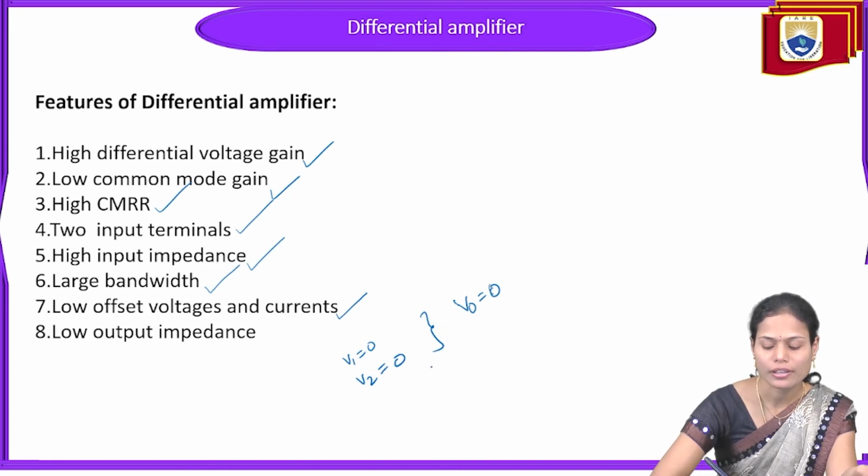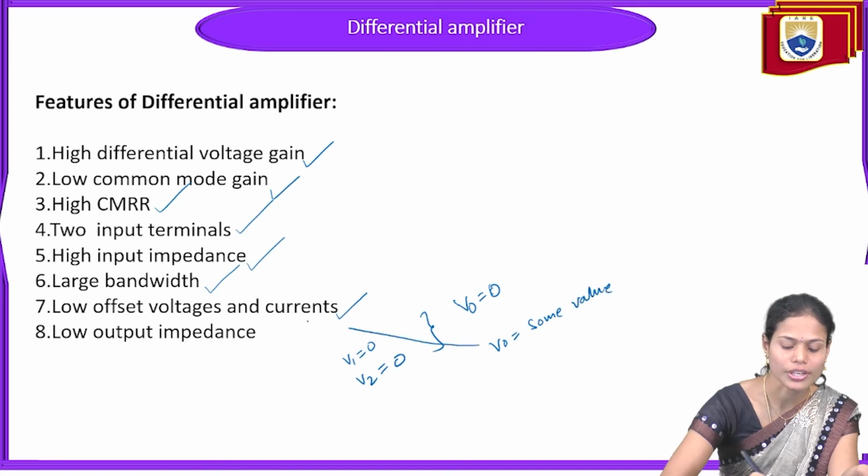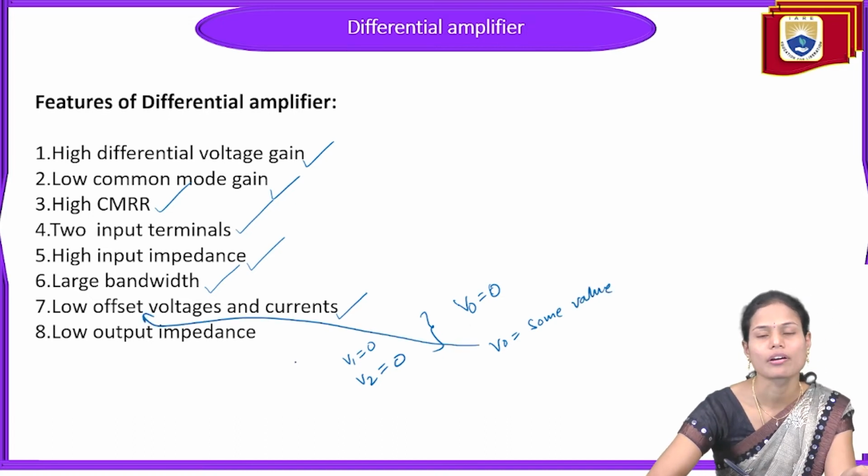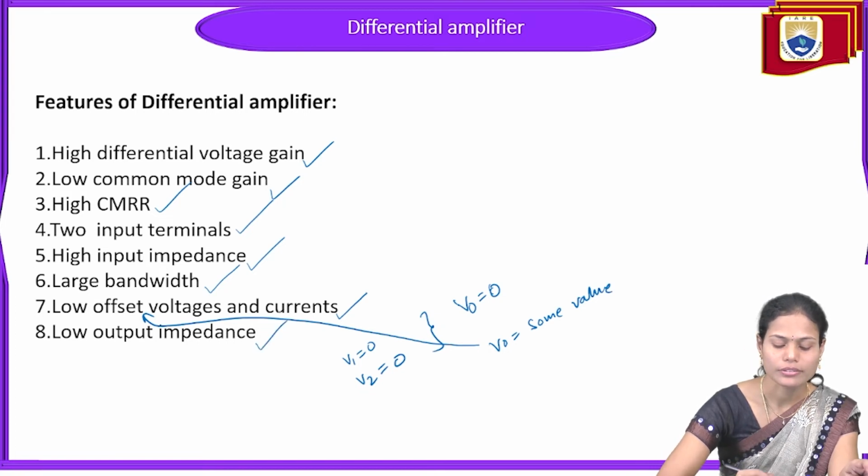But in the practical case, even though both the voltages are zero, we are getting some value here. That value we call the offset voltage or offset current. That is, even when the input is zero, it provides an output voltage and current. But that value is not required in order to run practical applications. And it will provide low output impedance.